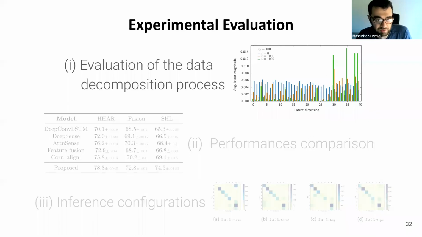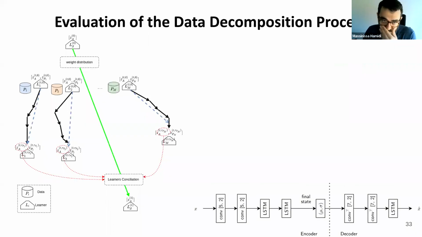We start with the evaluation of the data decomposition process, and we were able to implement this model with a variational autoencoder that you can see here, based on LSTM-like recurrent layers, in order to model the temporal dependencies of the data.